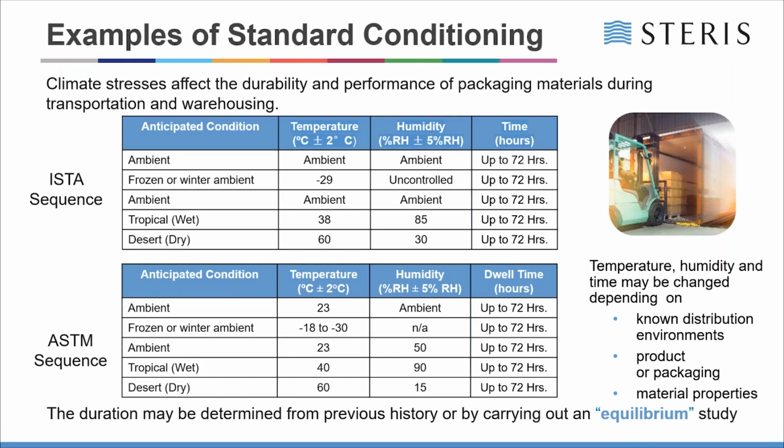Whereas if you have, say, previous history on the product, you can use that duration to establish your conditioning cycle. Or alternatively, you can do an equilibrium study, which will look at the duration it takes the product and packaging to reach the temperatures that it's actually been exposed to in the environmental test chamber.